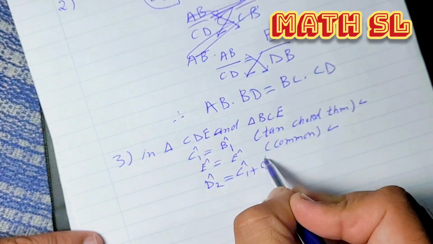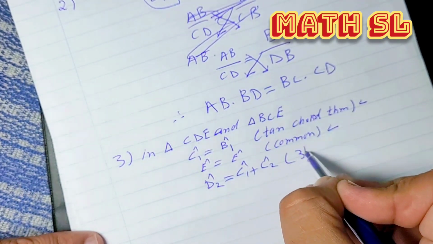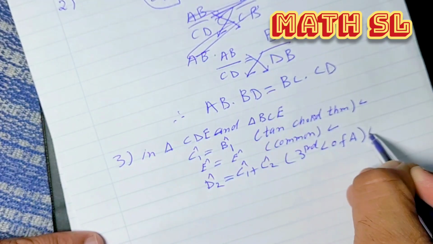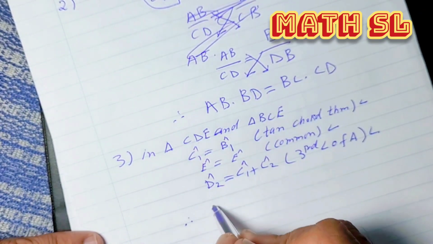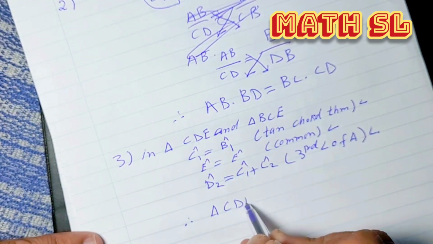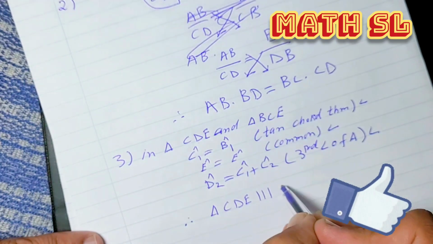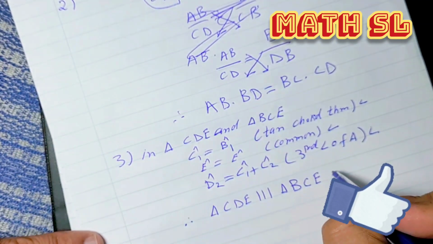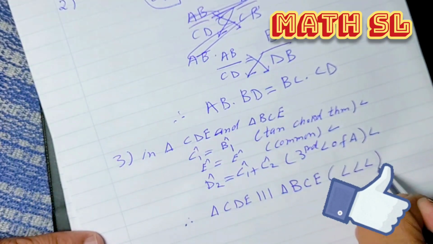Therefore, triangle CDE is similar to triangle BCE. The reason is angle, angle, angle.